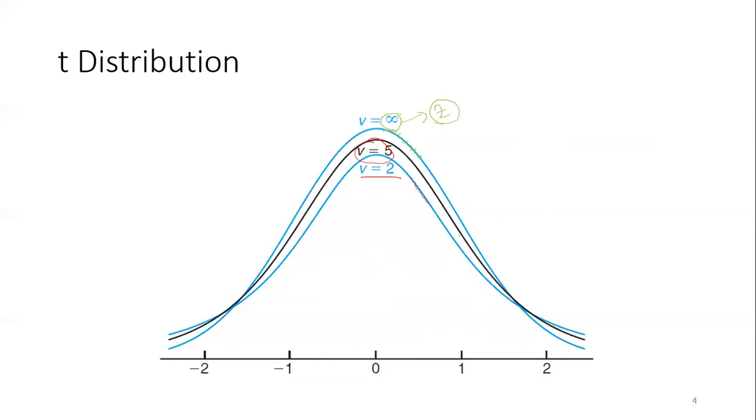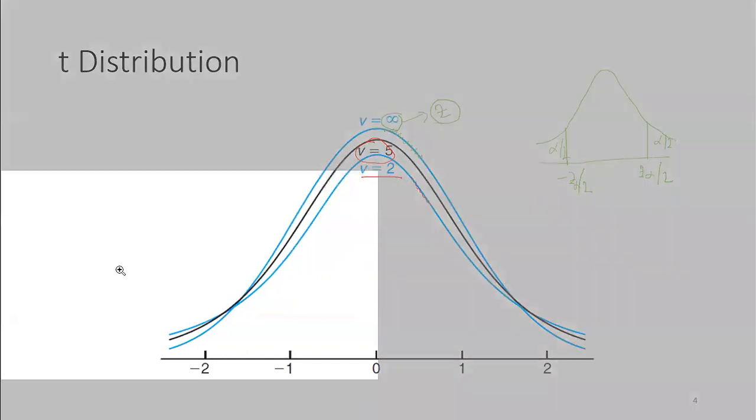Well, once you know this t distribution, the whole procedure is the same. How? Remember our standard normal. We have this standard normal, and we leave an area of alpha over 2 to the right and alpha over 2 to the left. We call this z alpha over 2, and this is minus z alpha over 2. We will do exactly the same thing.